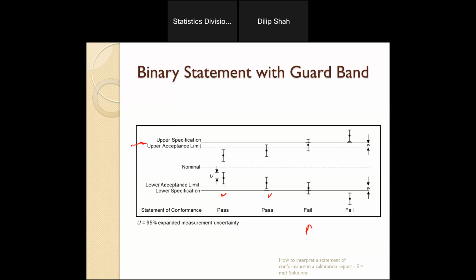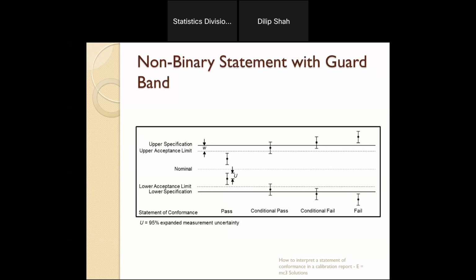So again, a pass or fail, but now it's taking into account the acceptance limit. And the acceptance limit is this dotted line. You may not see it very well, and I reproduced these images from that ILAC G8 document, but you're welcome to download it.